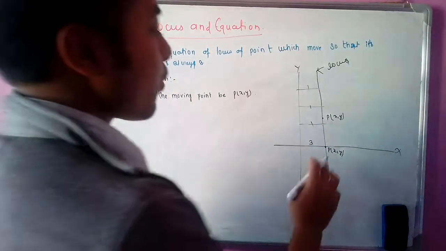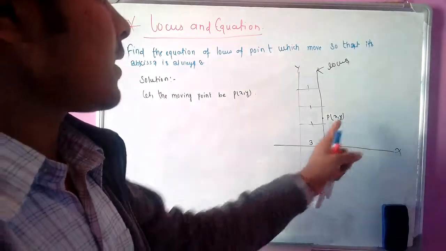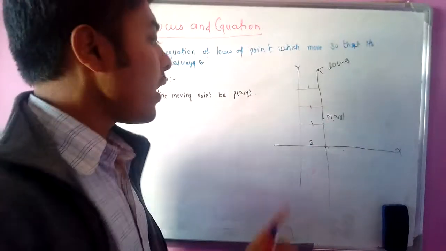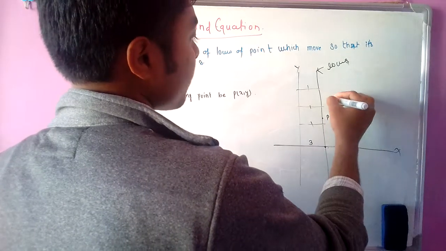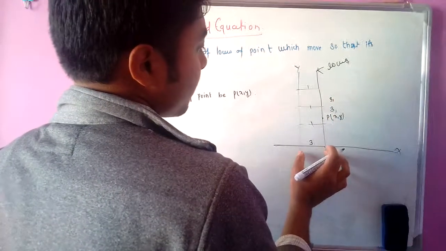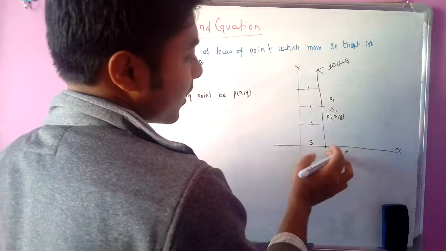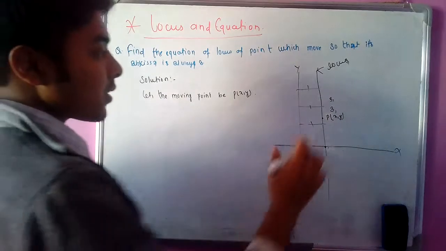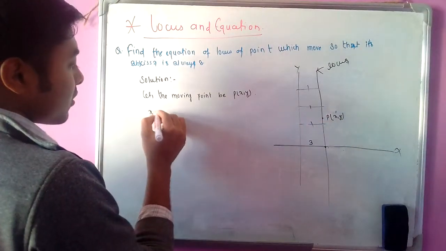P may be at any point, and its abscissa, the x coordinate, remains always 3. It means the distance between the axis and the locus is always 3. That is the given condition. So we have x equals 3.